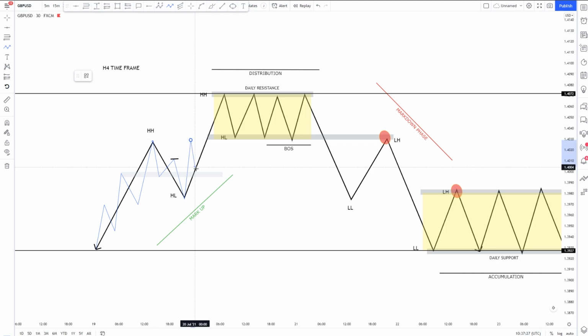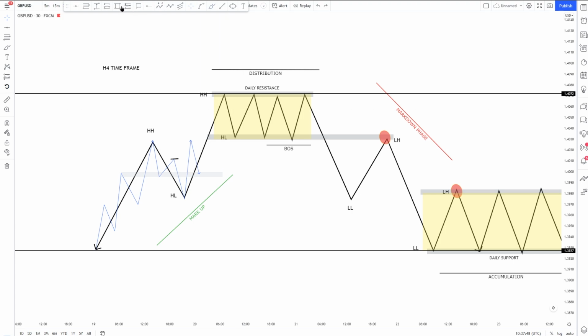So potentially if price pulls back right here, we are trading within the 4-hour structure, and basically we're taking advantage of lower structure, so substructure within that. And also, as we can see here, we have this head and shoulders pattern, which we can use as extra confluence. But this would be a decent trade.